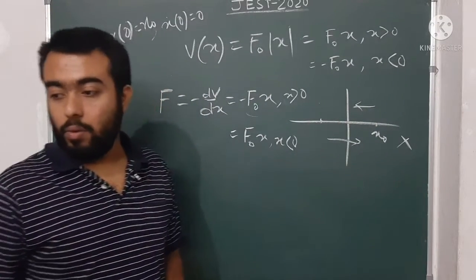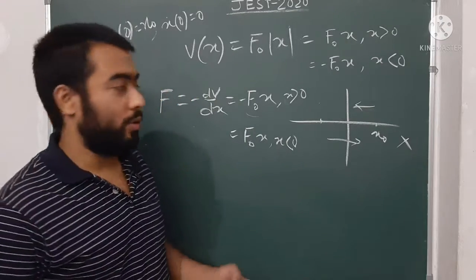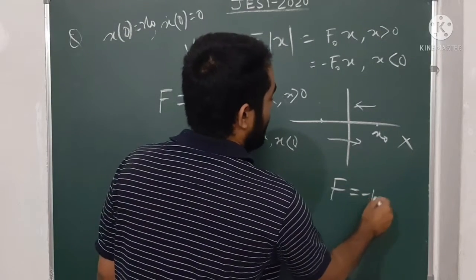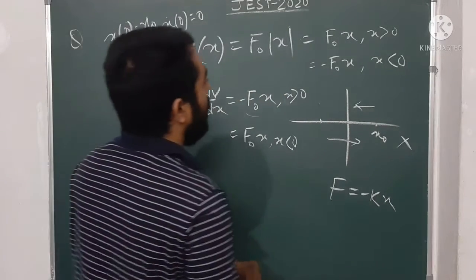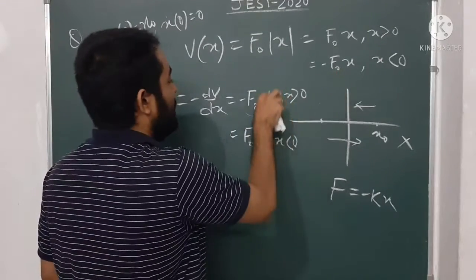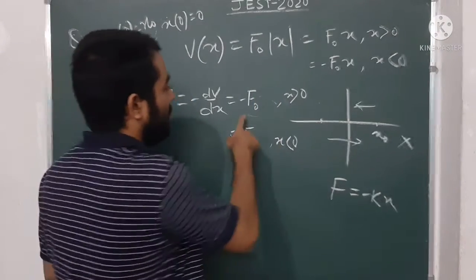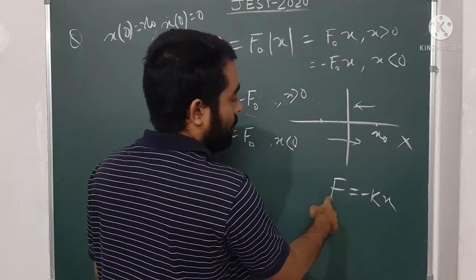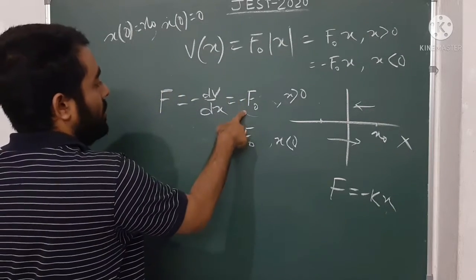They have given 4 options, and in one option they say the particle undergoes simple harmonic motion. Now we know that for simple harmonic motion, F is minus kx, that means the force depends on position. But here the force is only F naught, it is constant.